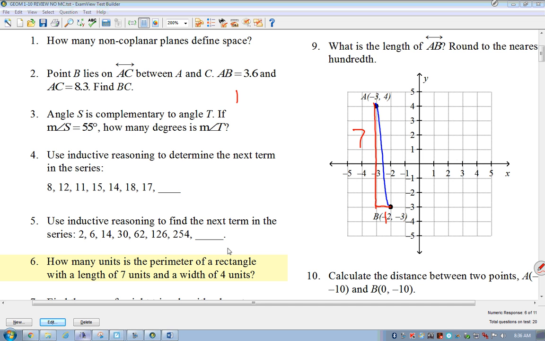So that's where I've got 1 squared plus 7 squared equals c squared. 1 squared is 1, 7 squared is 49. That's giving me 50 equals c squared. Square root of 50 equals c. Same thing. Does that make sense? You can use that if you have a coordinate plane. But in this case, they give me the coordinates, so I'm not really wasting any time by using the distance formula.